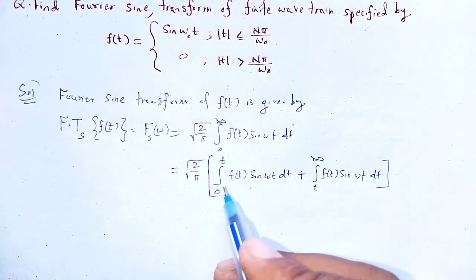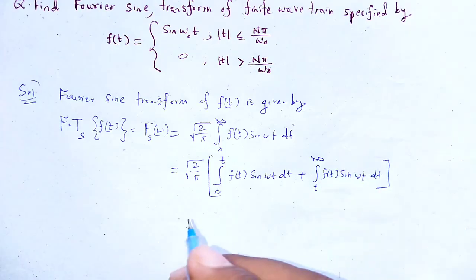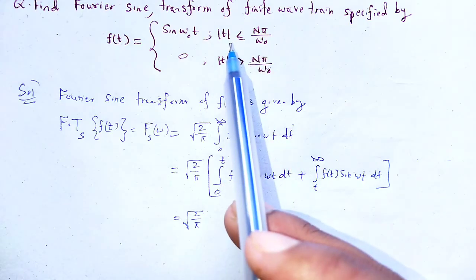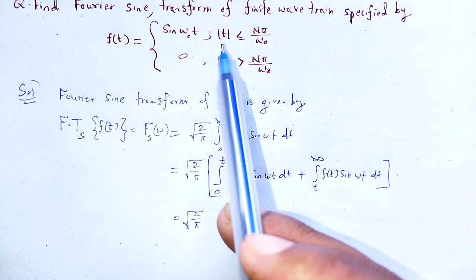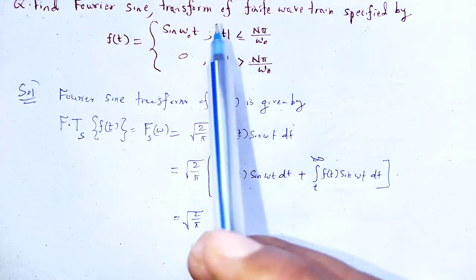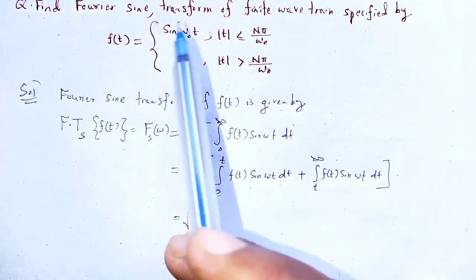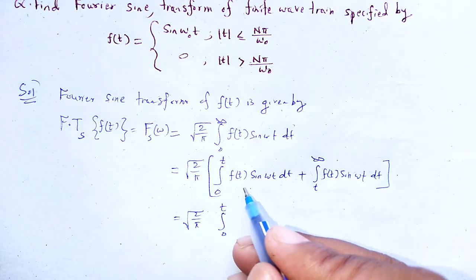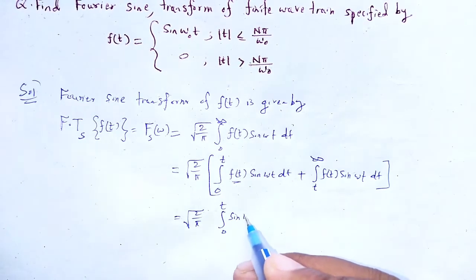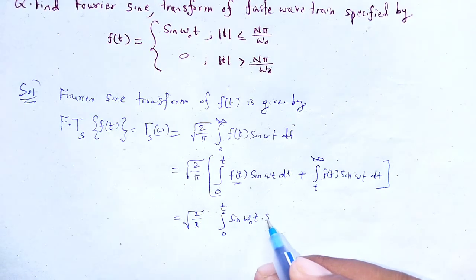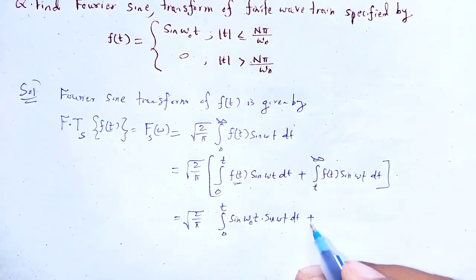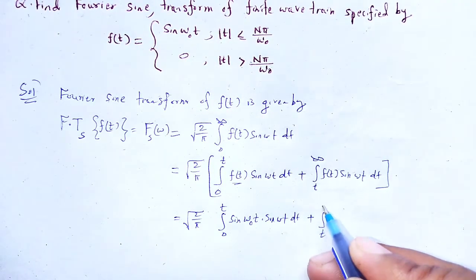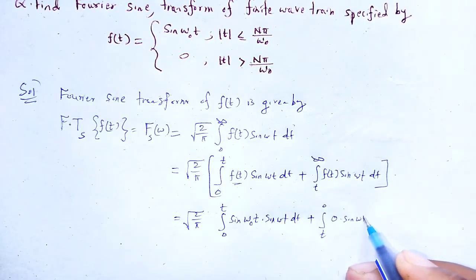From 0 to t, in place of f of t we use sin omega naught t, sin omega t dt, plus from t to infinity that function will be 0.